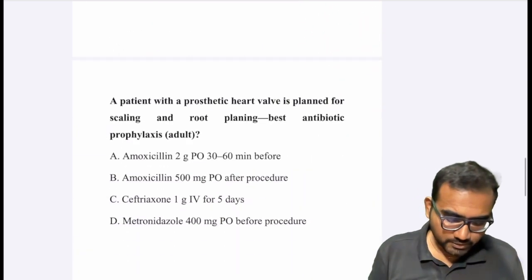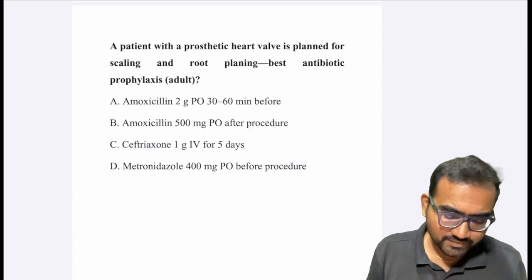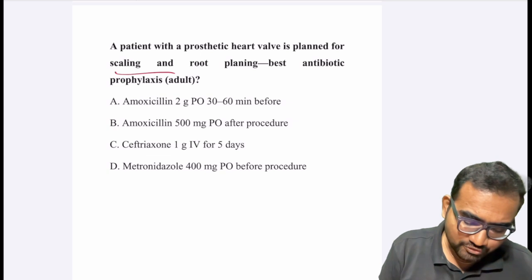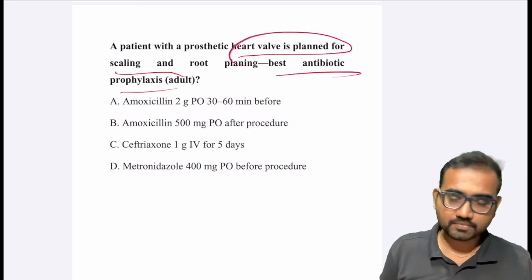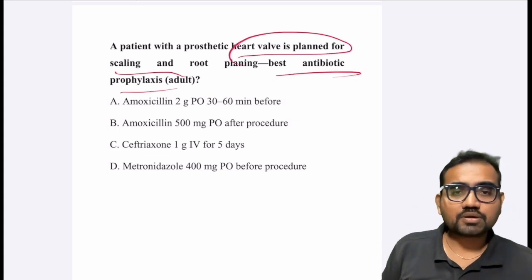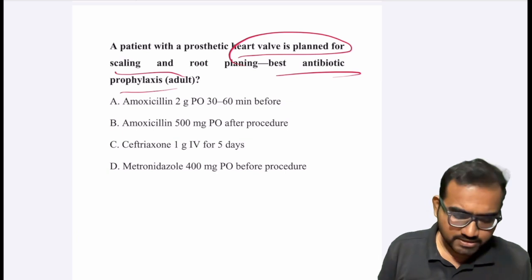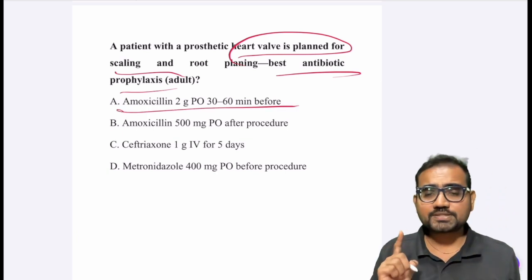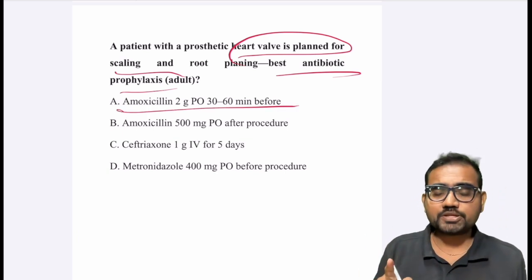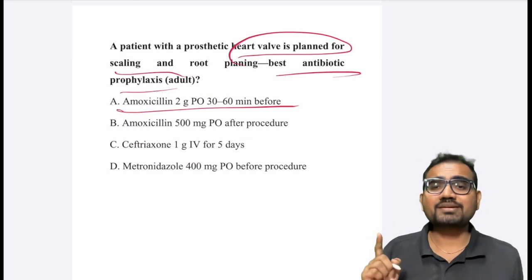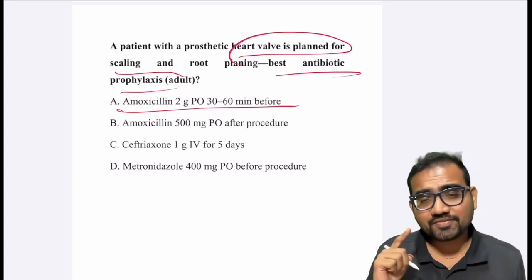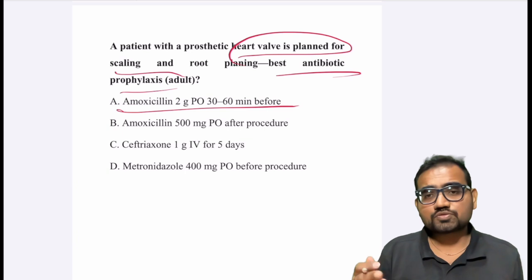Now moving on to the next MCQ. A patient with a prosthetic valve replacement is planned for scaling and root planing. What will be the best prophylaxis? We all know amoxicillin 2 grams 30 to 60 minutes before the procedure. If the patient is allergic to amoxicillin, cephalexin 2 grams 30 to 60 minutes before.